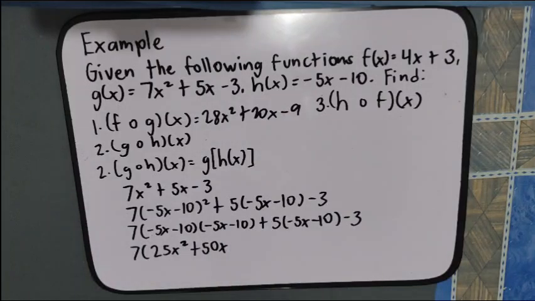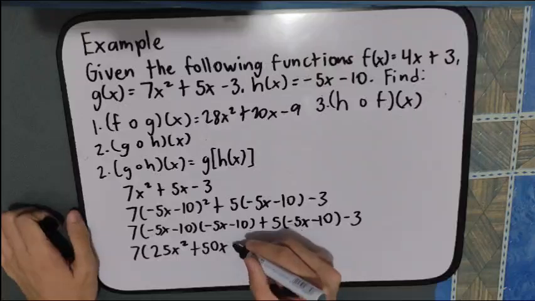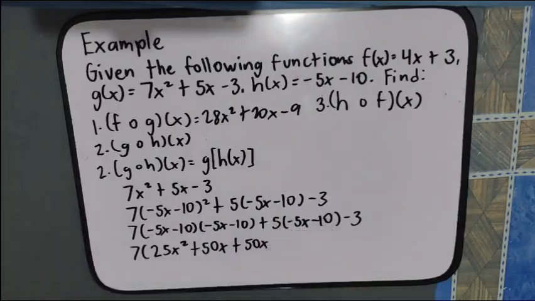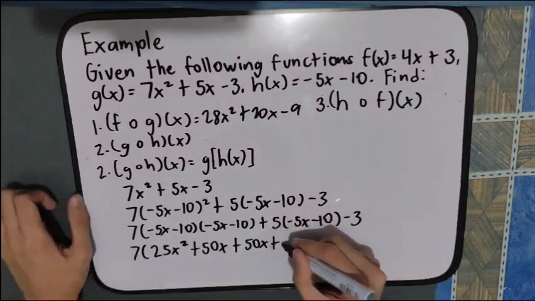The inner terms are next: negative 10 times negative 5x, we have the answer of 50x as well. And then the last terms, negative 10 times negative 10, we have the answer of positive 100.